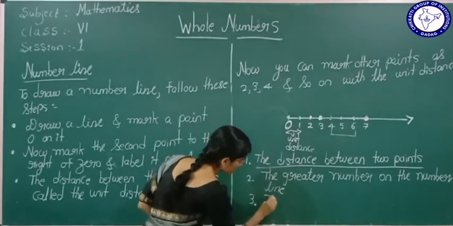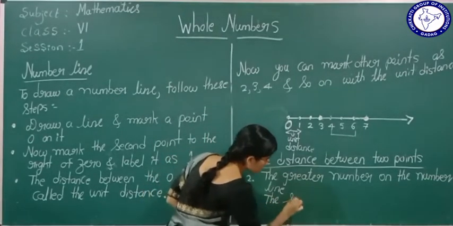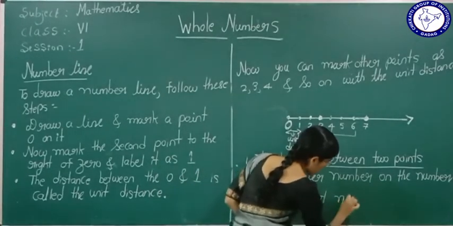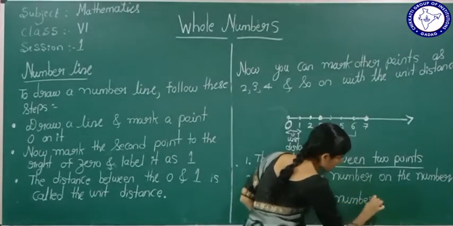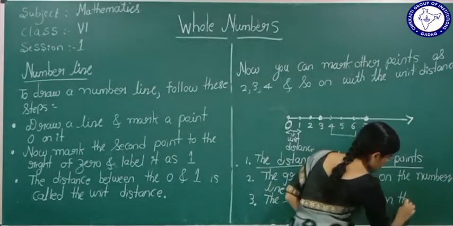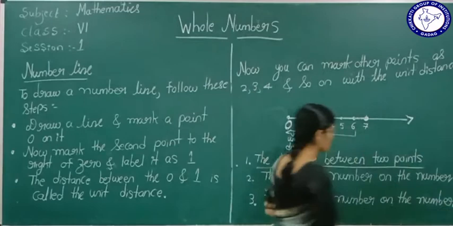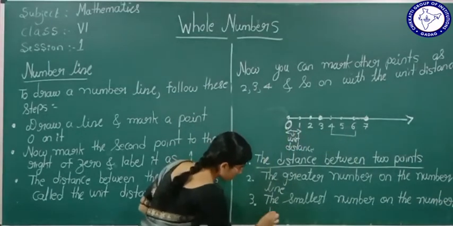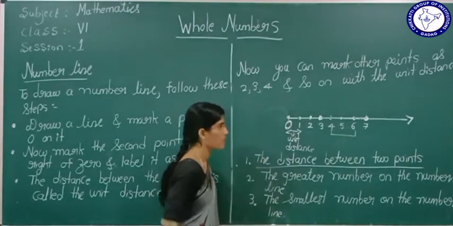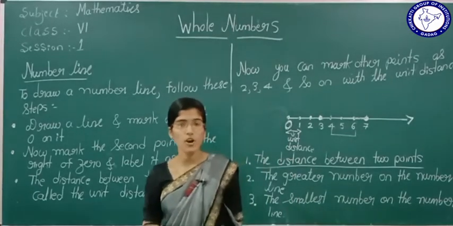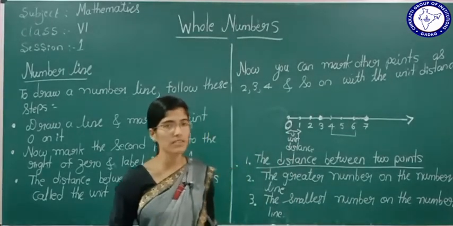Third one, the smallest number on the number line. The number on the left is always smaller than the greater number.